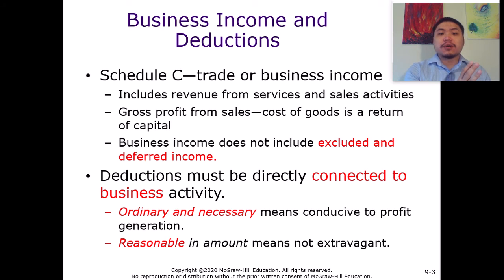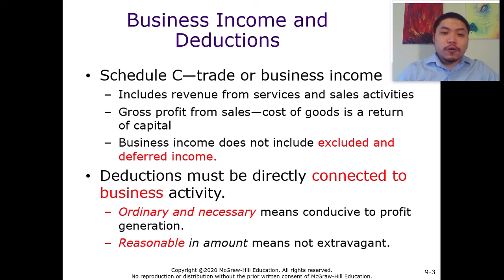So the taxpayers, the owners of the business, don't have to file a separate tax return for the corporation, for the business, right? So whatever they make in the business and whatever expenses they incur while conducting the business, they can directly incorporate those items into their individual tax return, right?